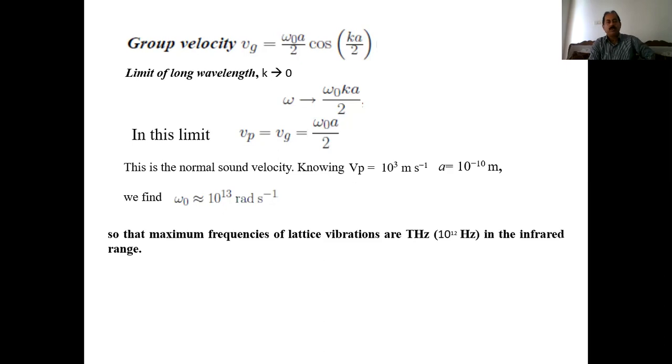Then we saw that in the extreme case, for very long wavelength where k tends to 0, both the phase velocity and group velocity become equal, with the value of the product of the maximum frequency and a by 2, which is approximately half of the maximum velocity found in normal wave propagation.